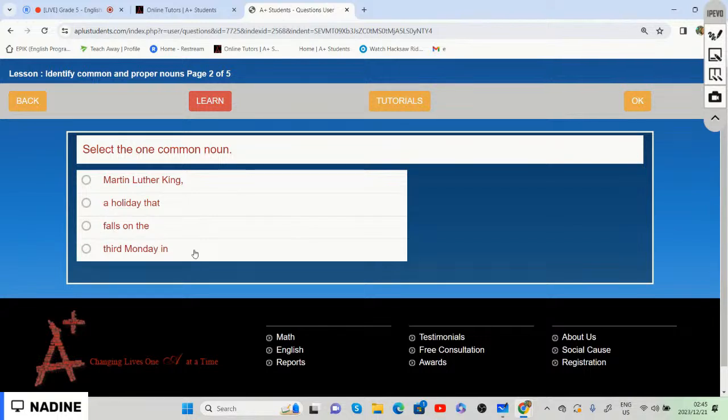What is the common noun within the options, the different options? So we need to select the common noun within that sentence.